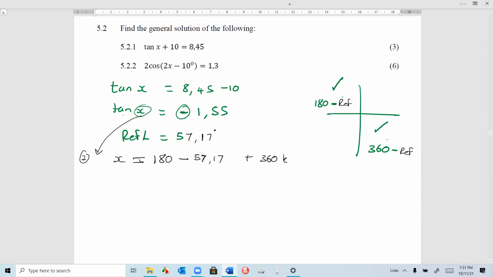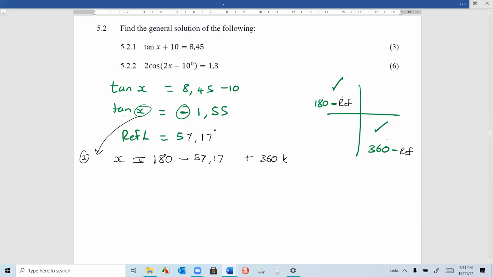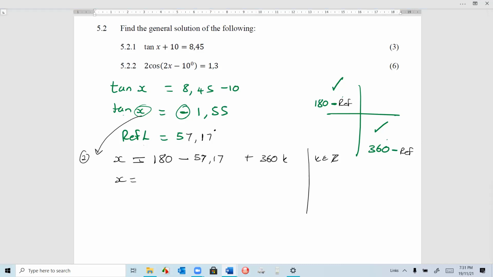And as soon as you bring in k, you need to make a statement that k is an element of Z. So we now have x would be 180 minus 57.17. If we take 180, what do we get? 122.83 degrees.